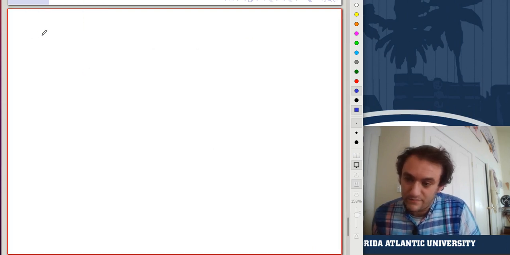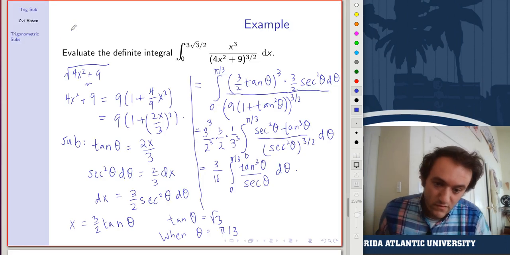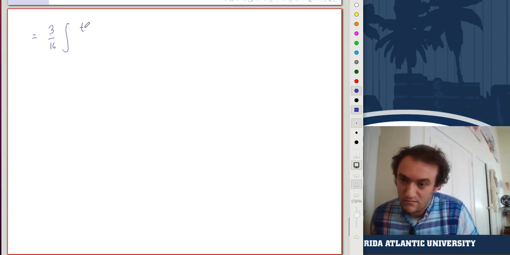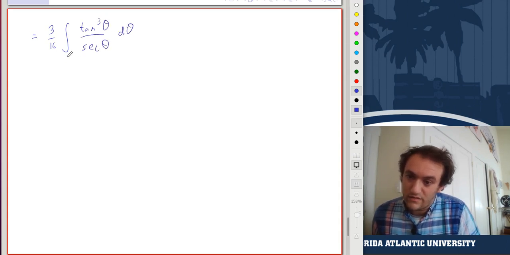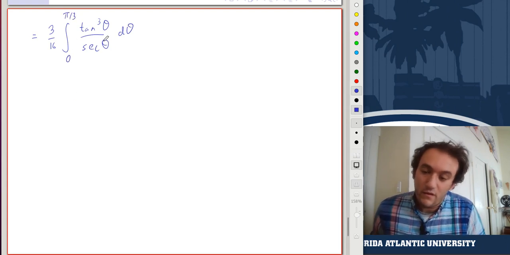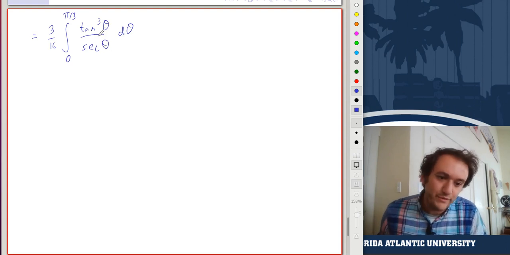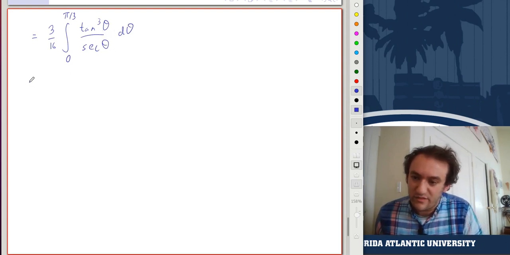So we have 3/16 times the integral of tan cubed theta over secant theta d theta, where theta goes from 0 to pi over 3. Okay, well, again, this isn't the secant tan that we're used to, so we're going to express everything as sines and cosines.